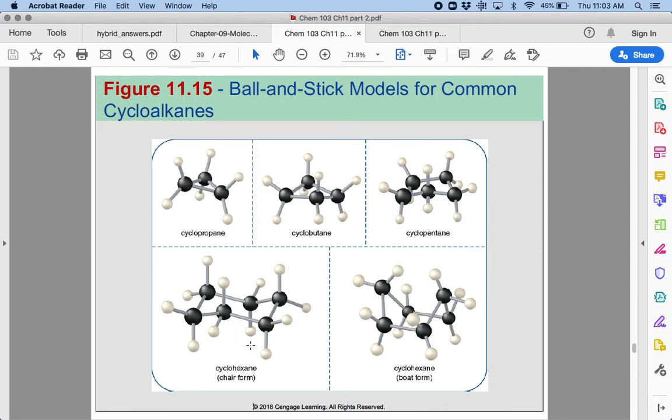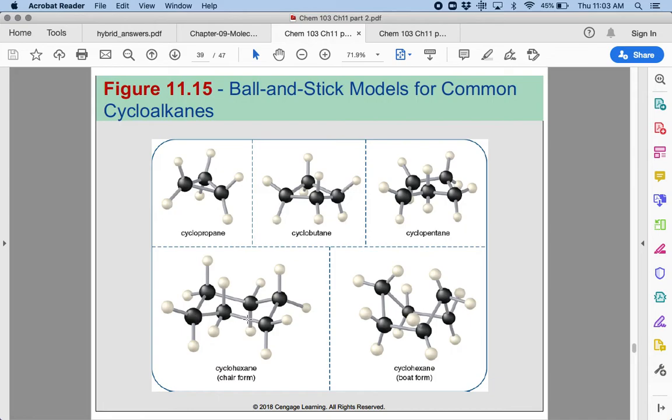But then we have the chair and the boat of cyclohexane. That's 6 carbons long. I guess you can kind of see that this is a boat. It's like if you took your palms and had the ends of your palms facing each other so your wrists are touching, and you put your fingers in both hands up, it makes like a cup, like a little boat.